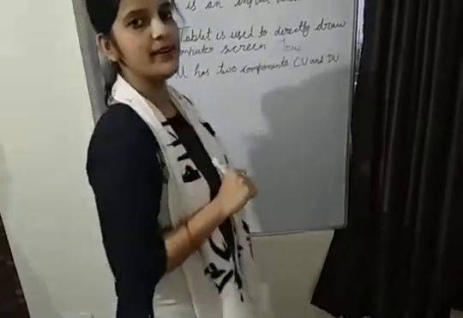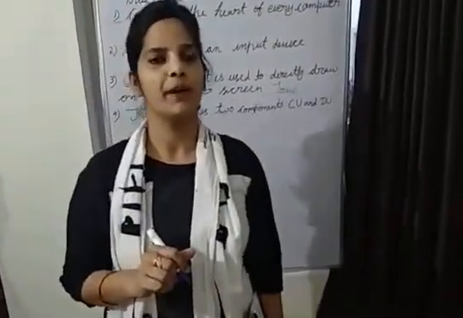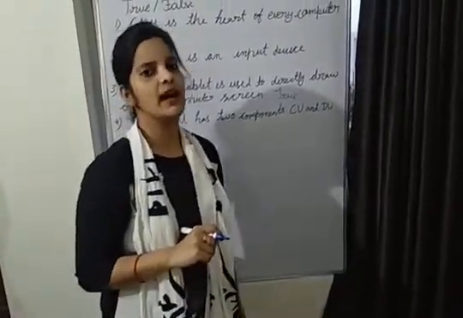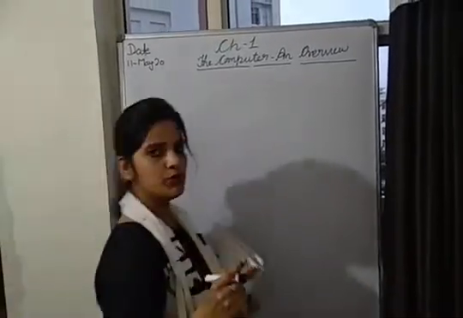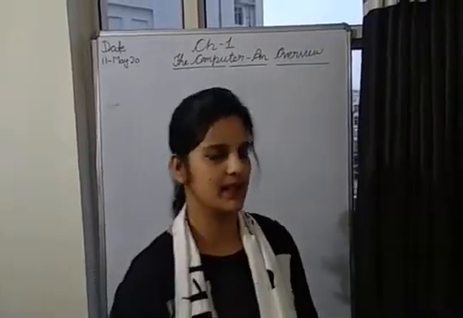Now, student, we will do the question answers. So, open your computer notebook and start doing question answers. Student, there are two types of question answers: short answer type questions and long answer type questions.